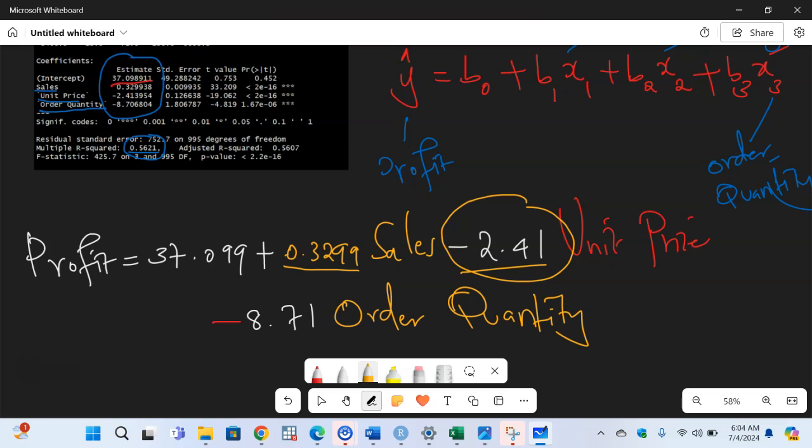Let me also show you how to know which factor is significant. So here, this is significant because the p-value is less than 0.05. Same to this, significant. But if this value was something greater than 0.05, then that would be insignificant, and we are supposed to remove that variable from the model.